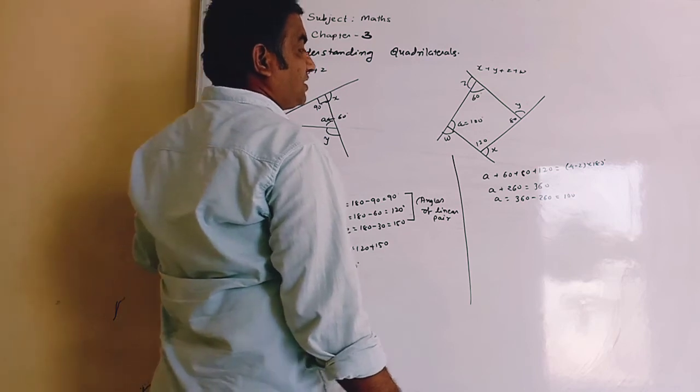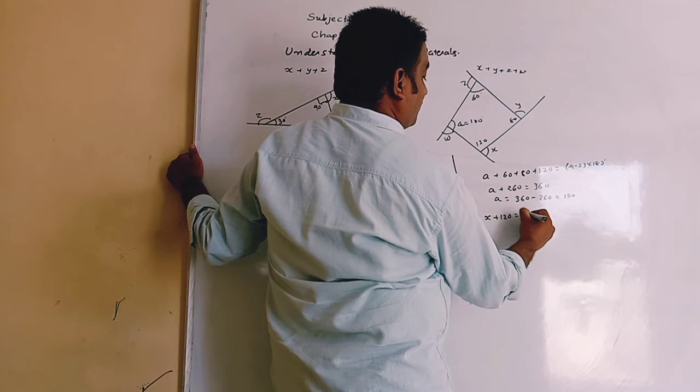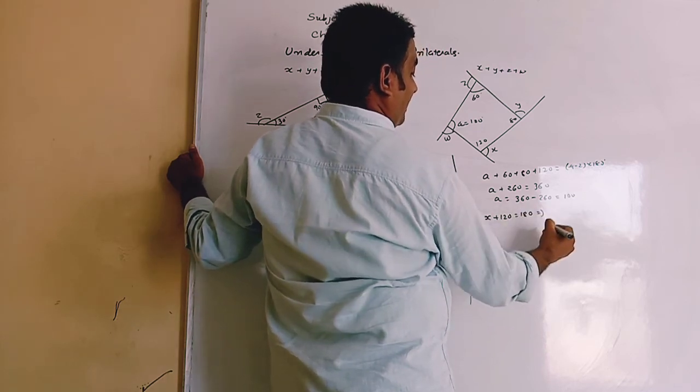Now we want the values of x, y, z, w. So x plus 120 equals 180, as again they are a linear pair.